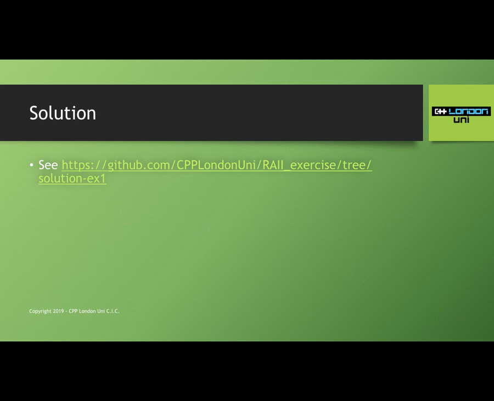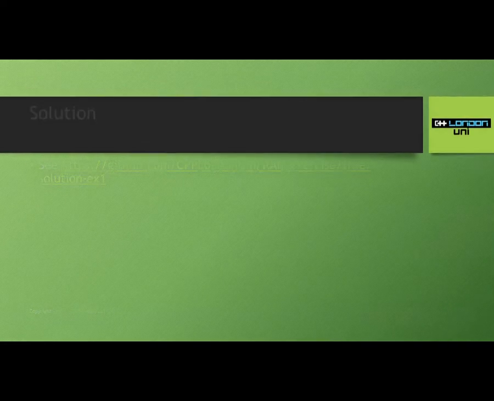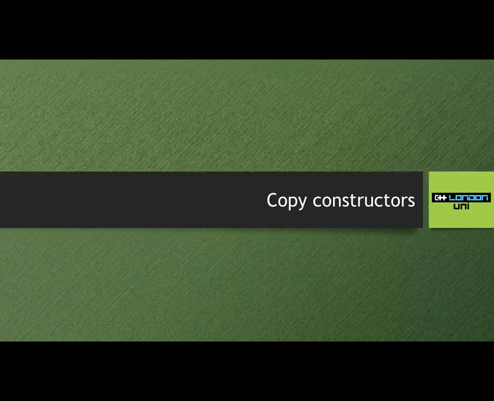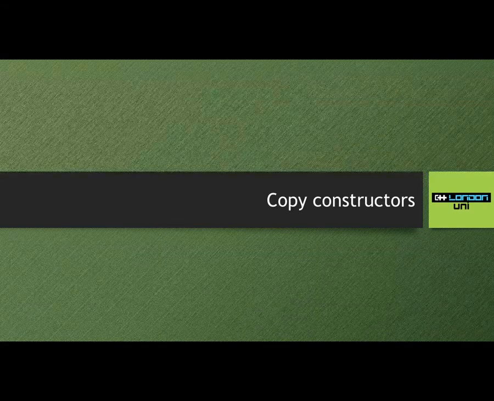And actually, you will already have seen in the README that exercise 2 does go on to ask you to write a copy constructor. If we had a bit more time, we would have gone on to talk a bit about copy constructors.